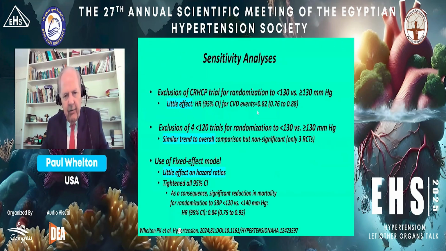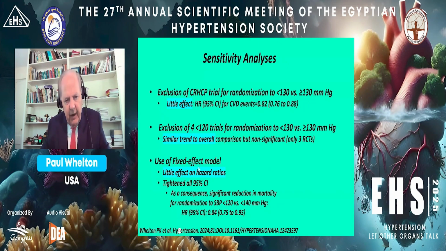It had virtually no effect on the best estimate or the confidence interval. We excluded the 4 trials that were less than 120 from the 130 comparisons. And again, we saw a similar trend for the remaining trials, but obviously we lost significance.